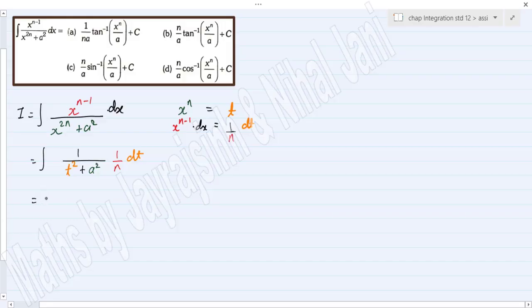We don't have to worry about this 1 upon n. 1 upon a tan inverse of t by a plus c. So 1 upon a into n is as it is. We just have to substitute the value of t, which is x raised to n upon a plus c is your final answer. Option A. Ta-da!